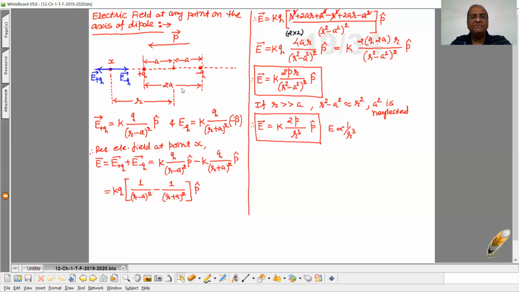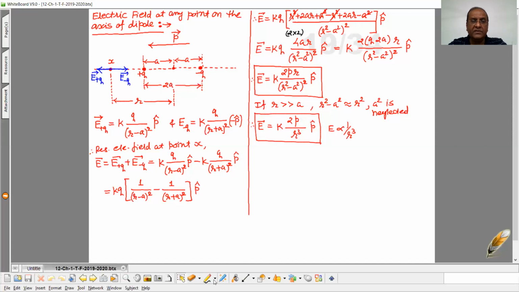Now the distance of point X from minus Q we can write as R plus A, so here we have to write (R plus A) whole square. Now the direction of this electric field is opposite to the dipole moment, so here we have to multiply by the unit vector but with a negative sign, so minus P caret.